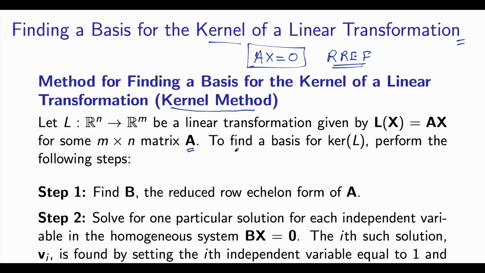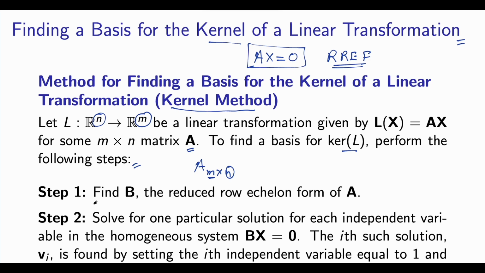I recommend the previous video. To find a basis for kernel L, perform the following steps. A will be m by n: m comes first, and then n comes second. This is how we represent the matrix.